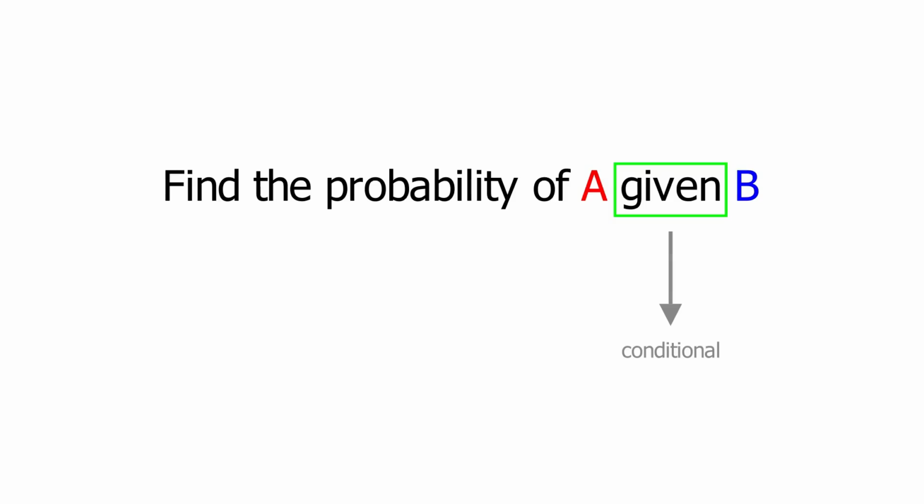But with conditional probability, it's a little different because instead of our sample space being the total outcomes in our sample space, the keyword given B indicates that our sample space is going to be narrowed down to all the items in event B. So let's visualize this.